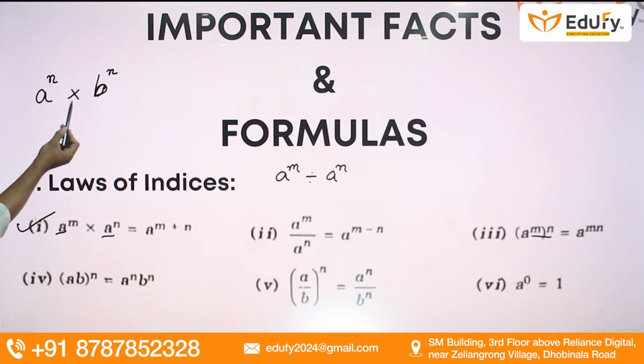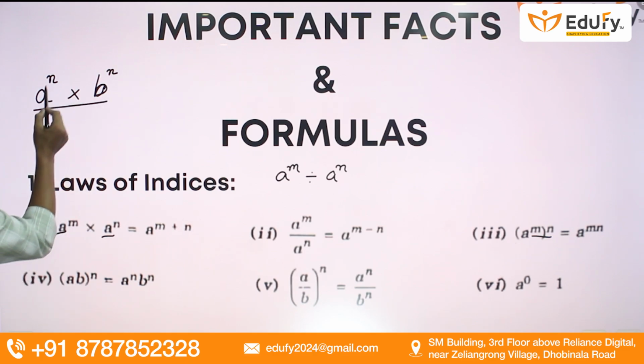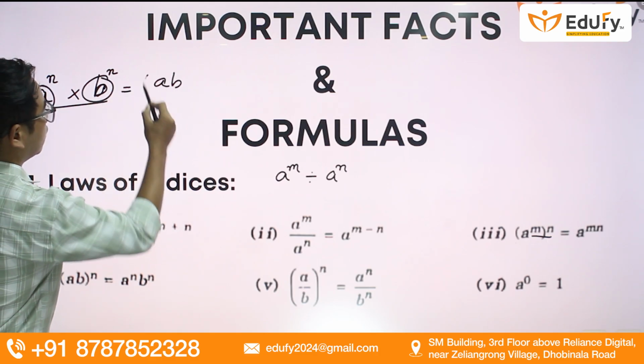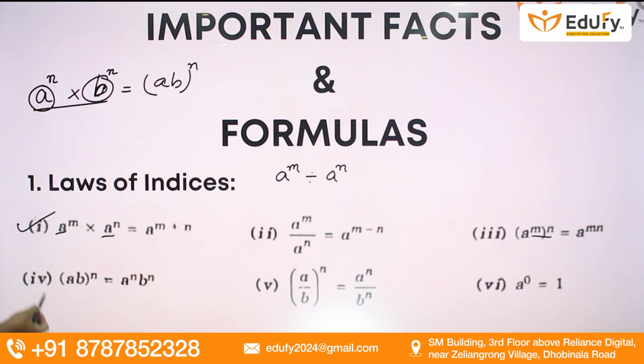You have multiplication here, but the bases are different, so obviously I cannot add the powers. In this case, we multiply the bases, ab, which can be written as ab to the power n as a whole. This is for number 4.